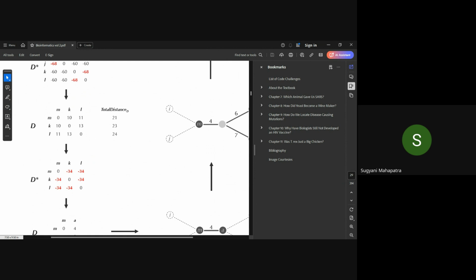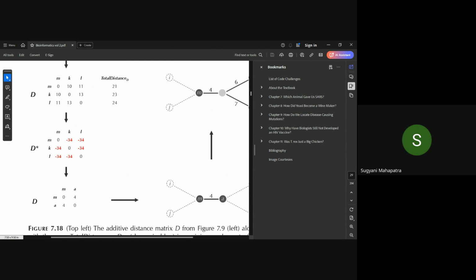Here M to K is minus 34, M to L is minus 34, and K to L is minus 34. So minus 34 is the minimum, and we can take M to K or K to L. In this particular example, the book has taken KL as the minimum.